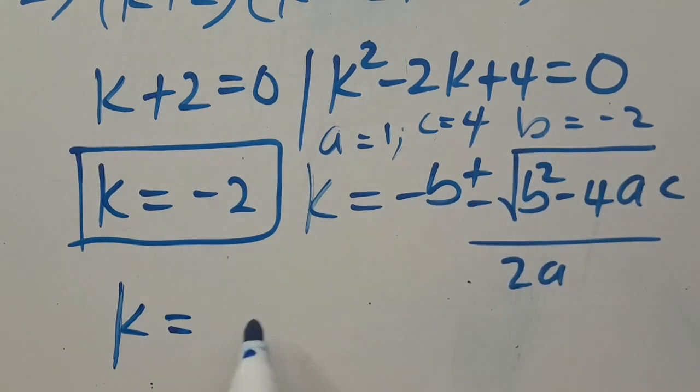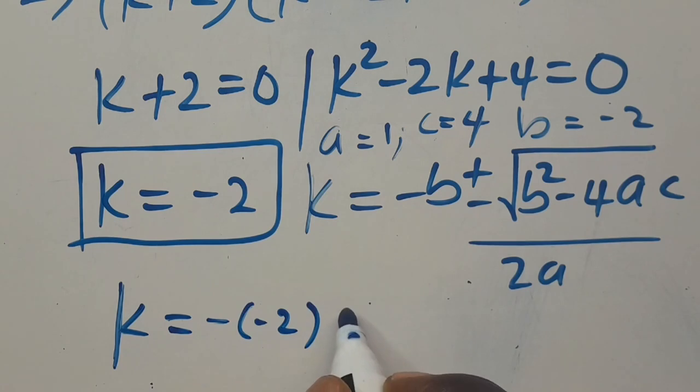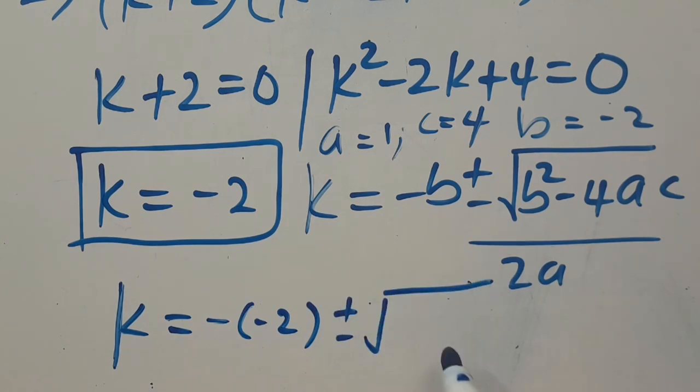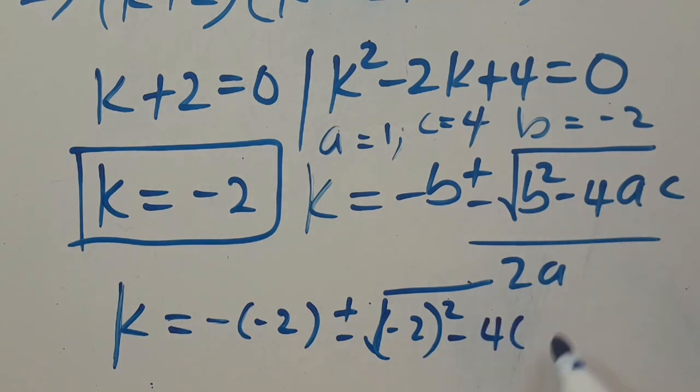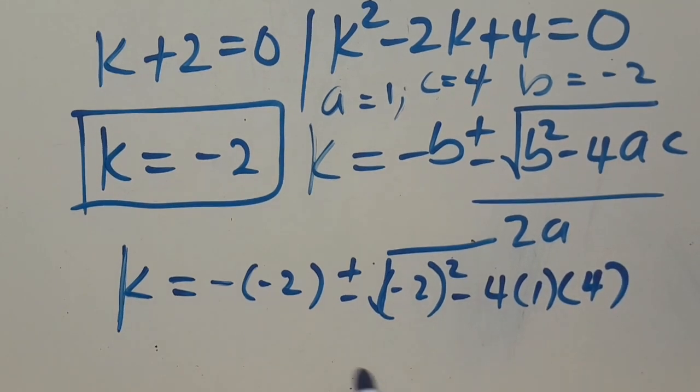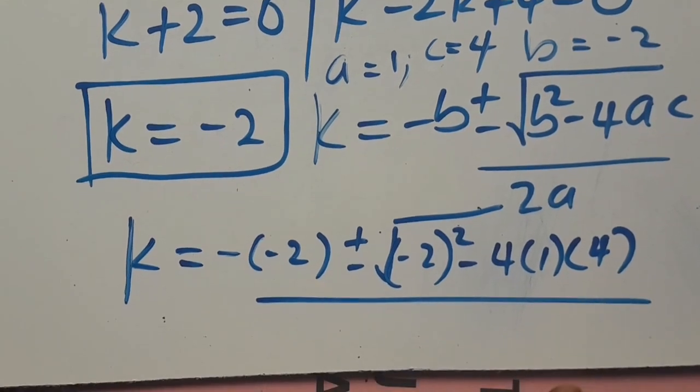Therefore, from here, we are going to have k equals minus b, which here will be minus into minus 2, positive or negative, root of minus 2, all in bracket, to the power of 2, then minus 4 multiplied by a, which is 1, multiplied by c, which is 4, then all divided by 2 multiplied by 1.